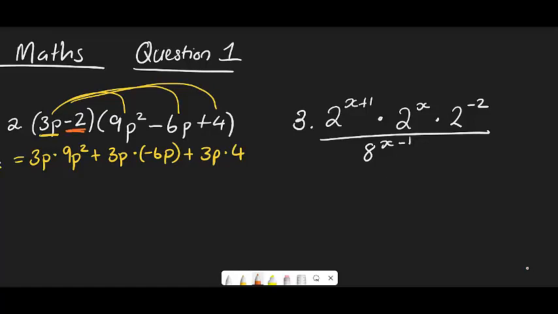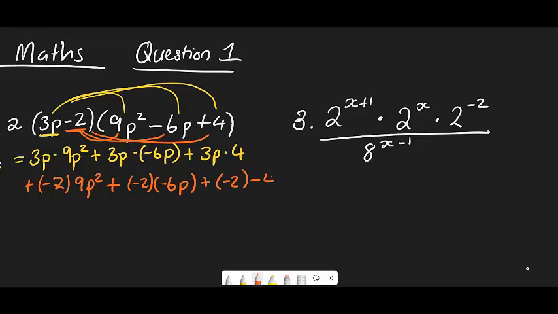Then I'm going to do the second term, and I'm going to do the same thing multiplied by all 3 terms. So plus negative 2 times 9p squared plus negative 2 times negative 6p plus negative 2 times positive 4.